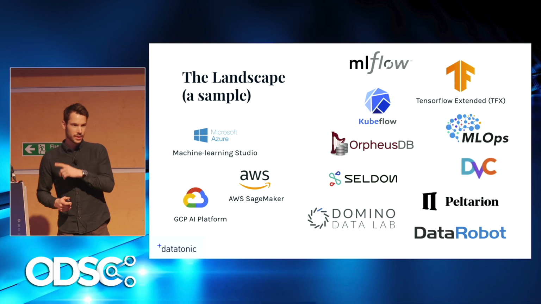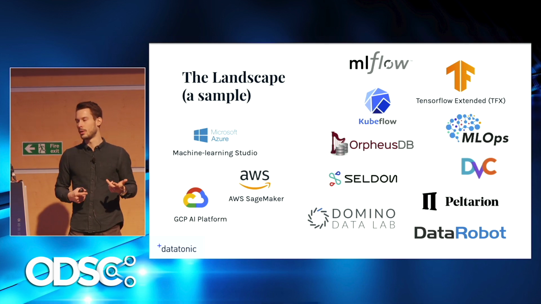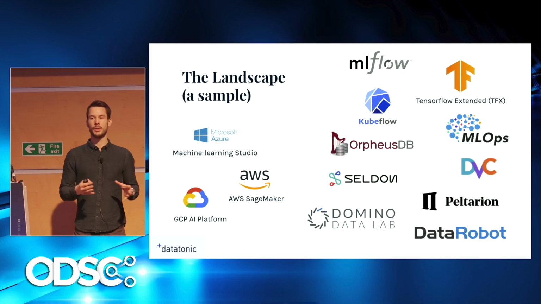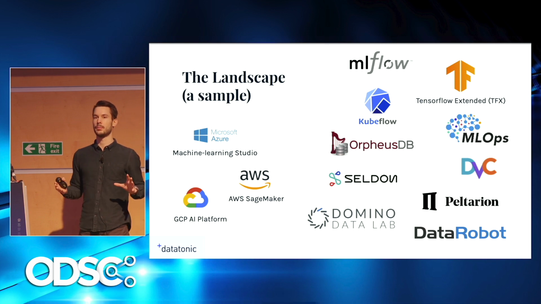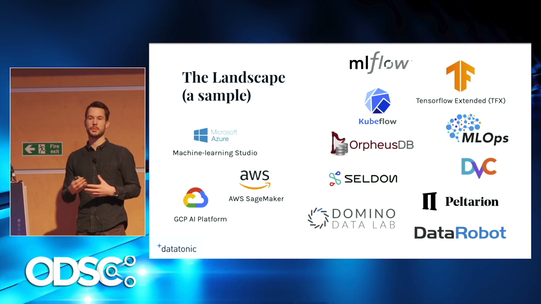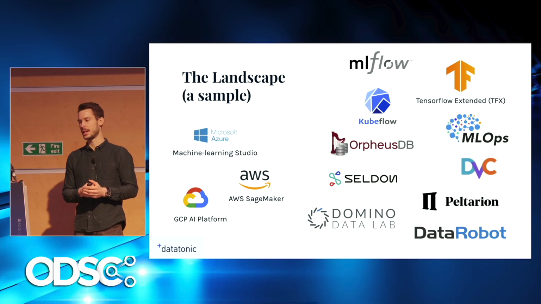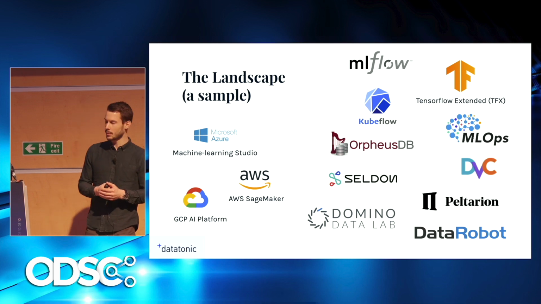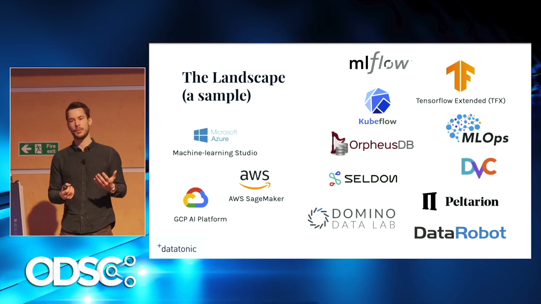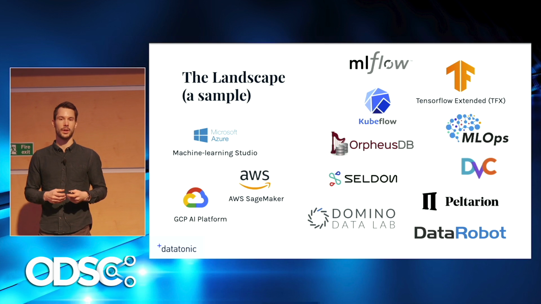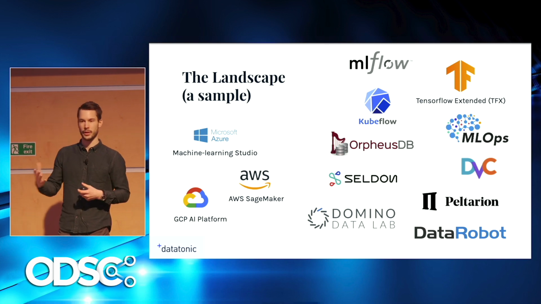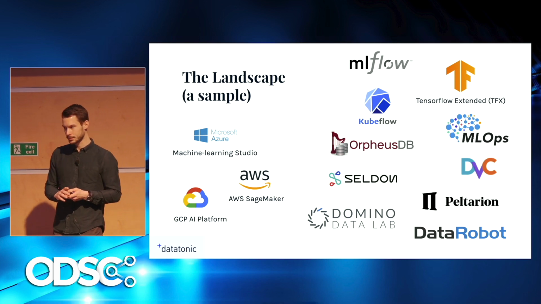A few of these tools, start at the top right: MLflow, TFX, Kubeflow. They really want to provide the whole end-to-end platform for this, from experimentation to versioning to running APIs in managed states. And some of them, like Kubeflow, run on Kubernetes, MLflow on Spark, so they have their own execution engines as well, or leverage other open source tools.